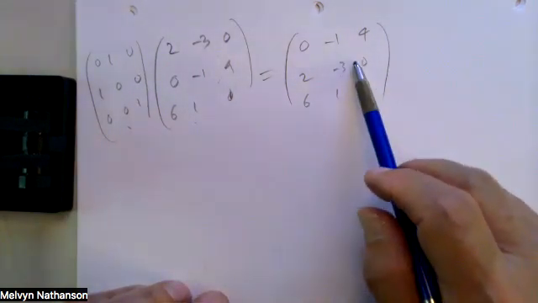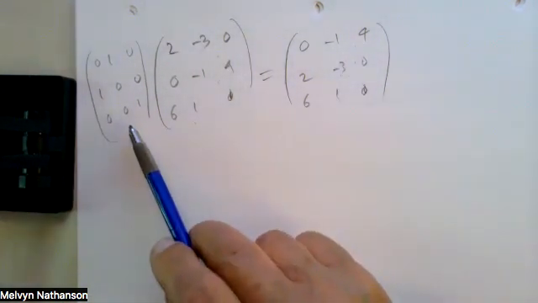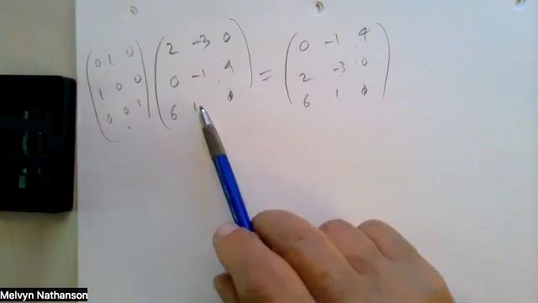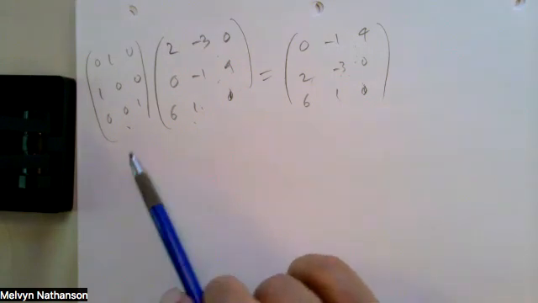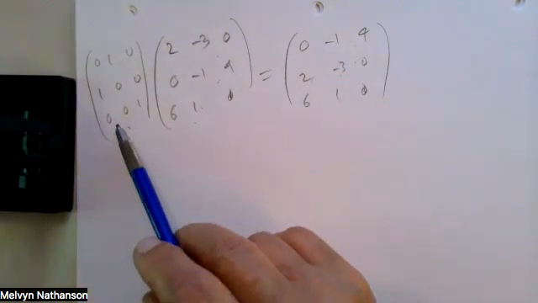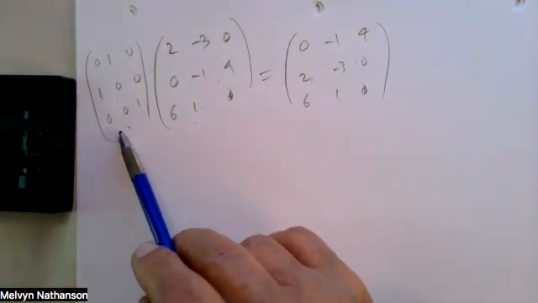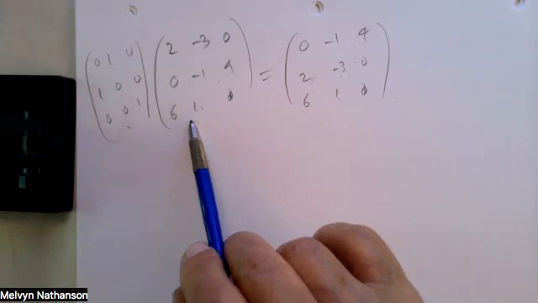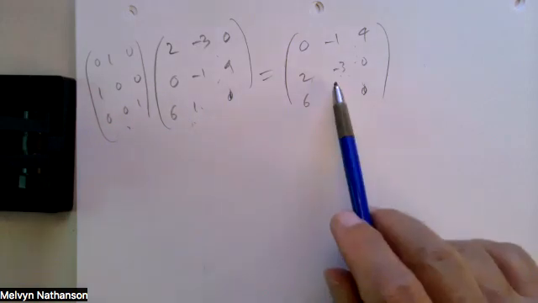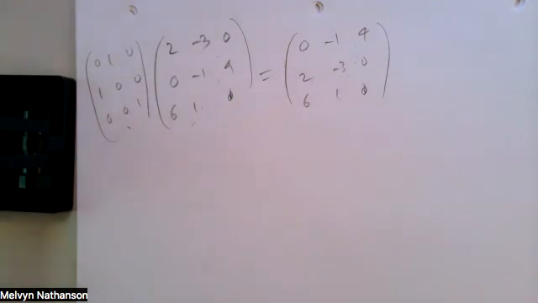I interchanged the first two rows. So the elementary matrix times this interchanges the first two rows. When I apply that elementary row operation to the identity, and I get the elementary matrix, and I multiply that elementary matrix to my matrix A that I started with, I carry out that elementary row operation.